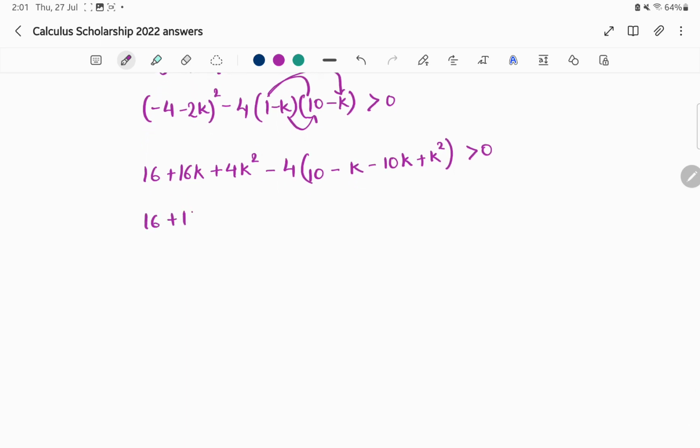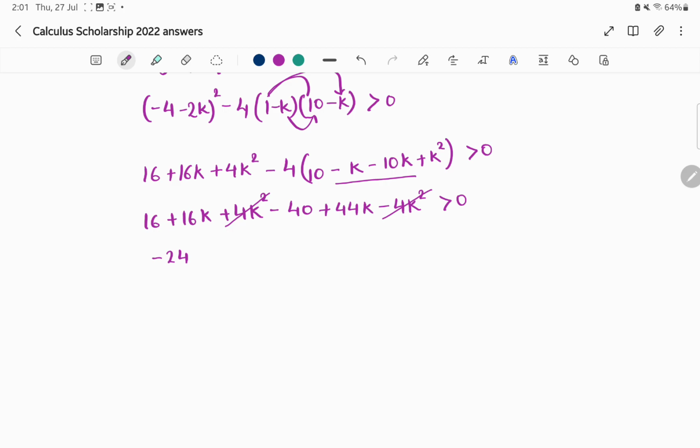So 16 plus 16k plus 4k squared minus 40. Minus k minus 10k is minus 11k, and minus 11 times minus 4 is plus 44k. And then minus 4k squared is greater than 0. Here plus 4k squared and minus 4k squared cancel because it gives us 0. 16 minus 40 is minus 24.